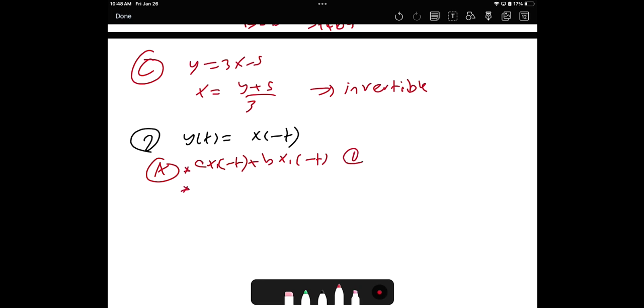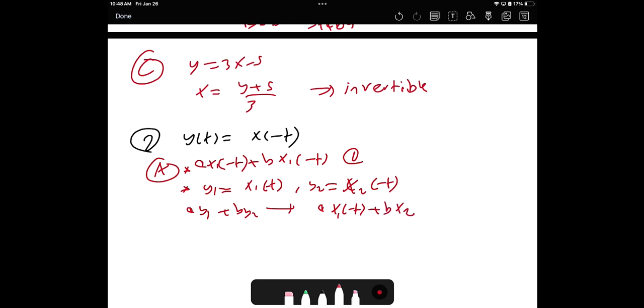The second thing, y1 leads to x1 of negative t, and y2 leads to x2 of negative t. So ay1 plus by2 yields ax1 of negative t plus bx2 of negative t. Since 1 equals 2, therefore it is linear.